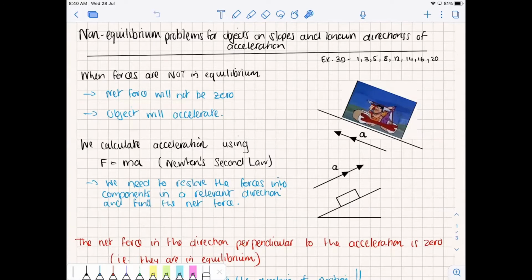Now, Kiana, why can't the acceleration happen in any other direction? What would happen to Fred Flintstone if the acceleration didn't happen up the hill?